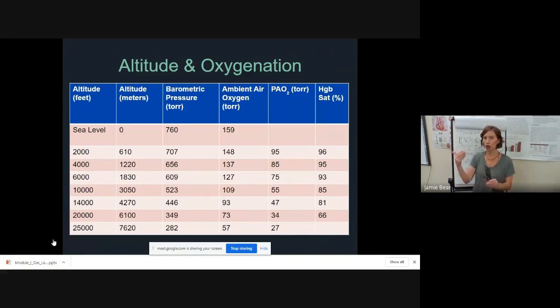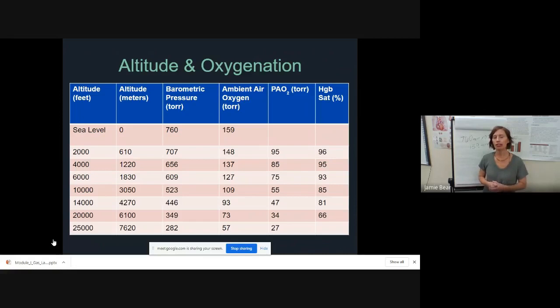We can't just say 21, we're saying 21%, so we multiply by 0.21. So 760 torr times 0.21, the percentage of oxygen in the air mixture, gives us approximately 159 torr. So from that table, that's how much pressure of oxygen is in our ambient air.